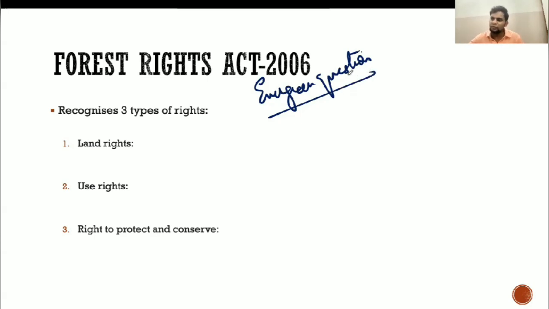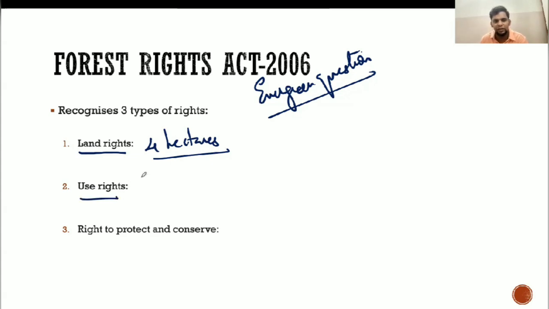Whenever you talk about the Forest Rights Act, it always helps to break down the rights into multiple different kinds of rights. One is your land rights. When I say land rights, it is approximately 4 hectares. You can claim up to 4 hectares, which is approximately 10 acres. Even if you don't have documents, there are certain ways to do it.